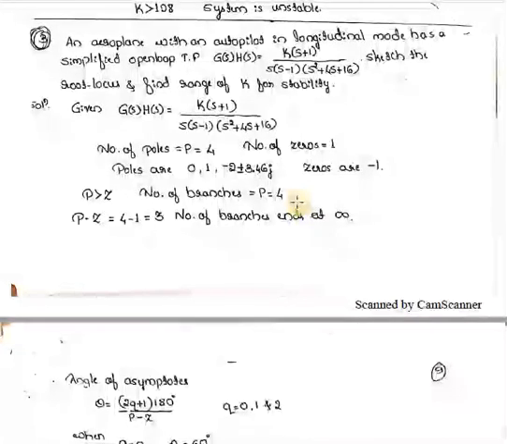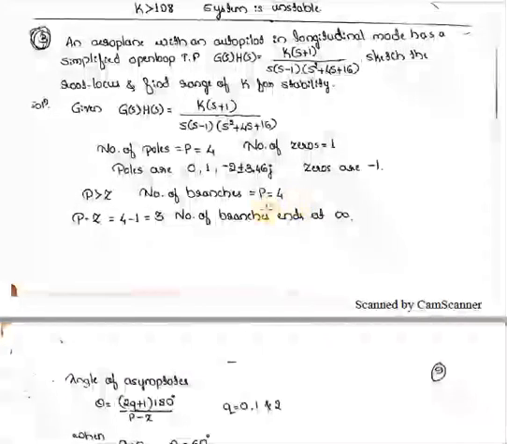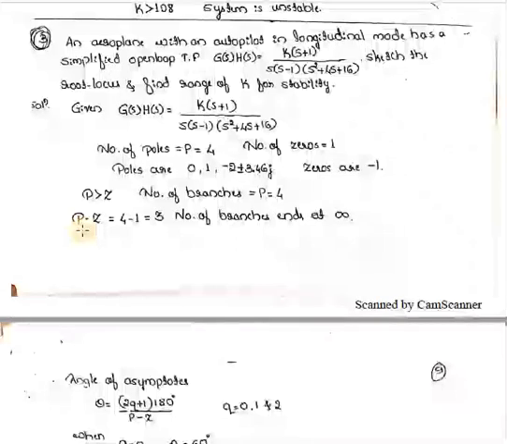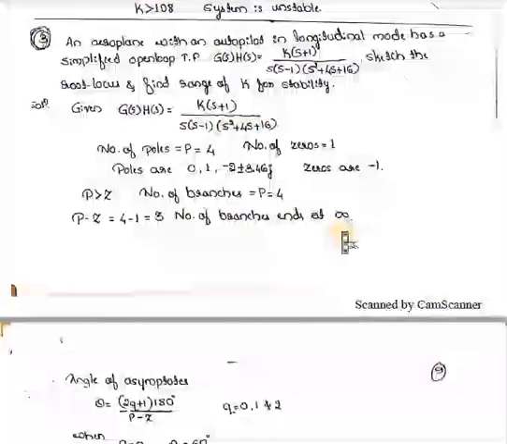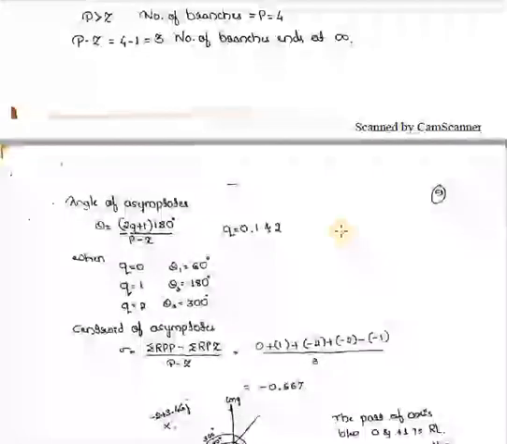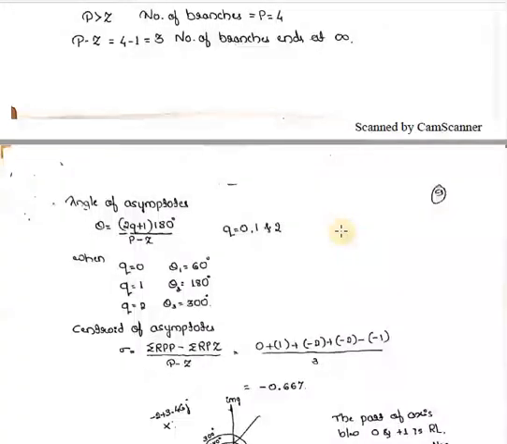Then you need to identify the number of branches tending to infinity. For that you take the difference between P and Z, so P - Z = 3. This is the number of branches that end at infinity. Then identify the angle of asymptotes. Since the number of branches tending to infinity is 3, the number of asymptotes is also 3.